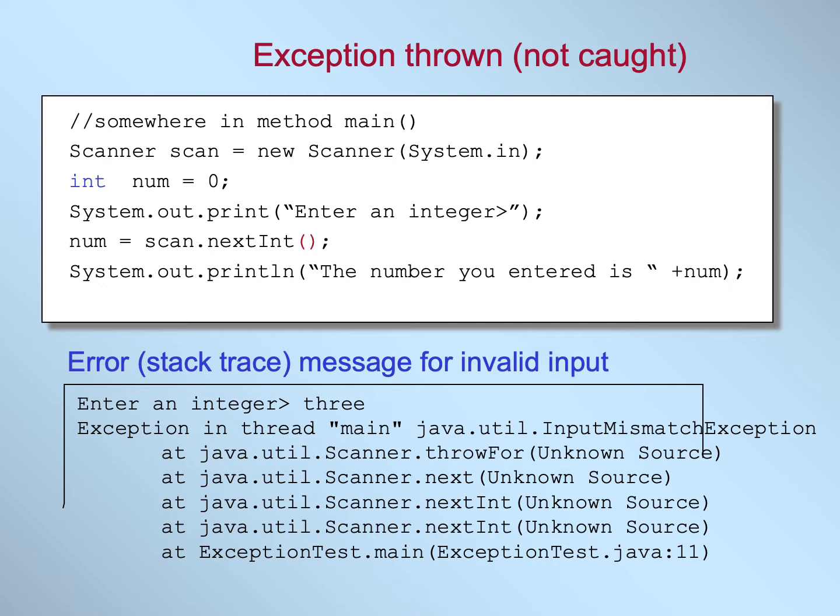That terminates the program, and it will never run the last line, which is the number you entered is. But if we have the catch, then we can still have the last line. We will look into how to catch it in the next few slides.